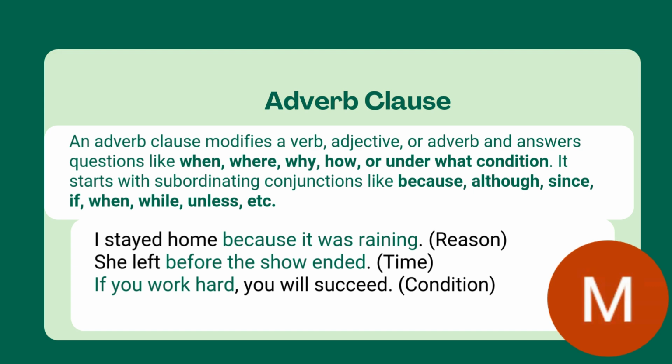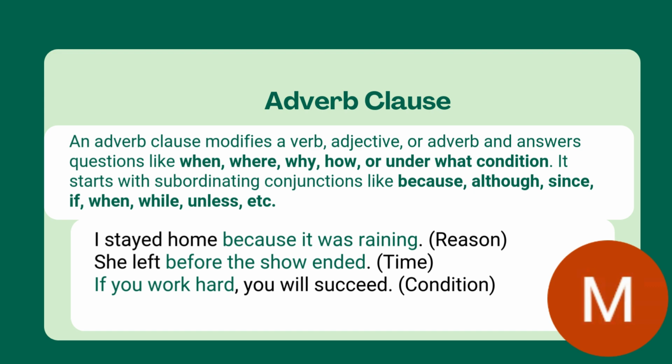Now, before I conclude, let me go over the main points again. What is a clause? A clause is a group of words that has a subject and a predicate. The second point to remember is that all sentences are made up of clauses. There are two main types of clauses, dependent clauses and independent clauses.